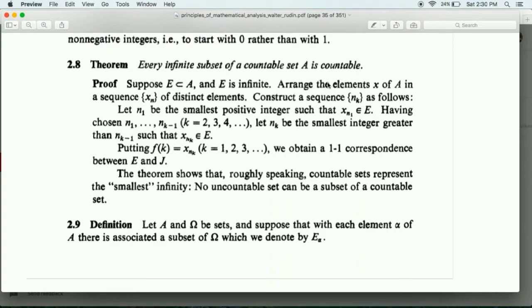Now we arrange the elements of A in a sequence {xn} of distinct elements. And now we construct another sequence {nk} as follows.